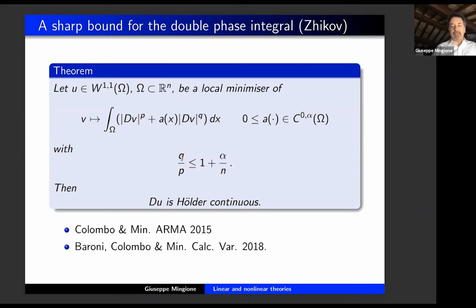So q over p cannot be too large. It's larger than 1, but not too large, depending on the rate of coefficients. And in particular, if this inequality is not satisfied, then solutions are irregular. So that's a failure of Schauder estimates in the non-uniformly elliptic case.